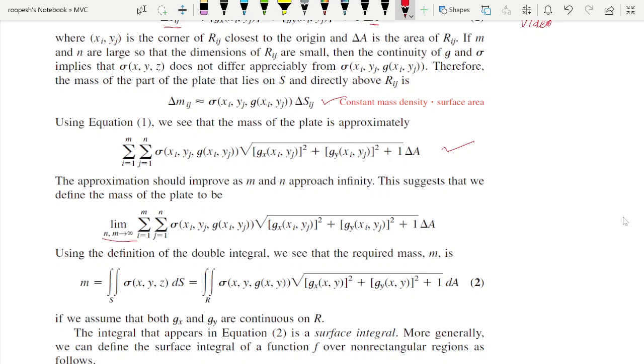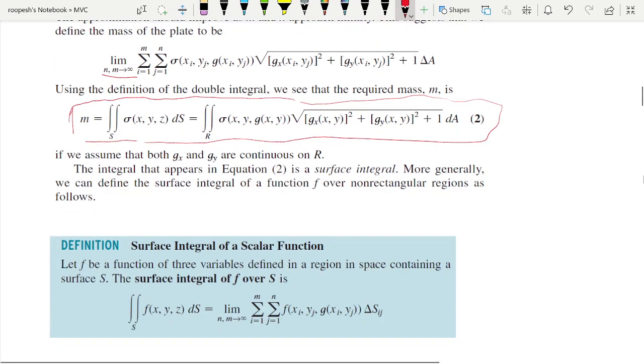We get this Riemann sum, and when n and m go to infinity, we get this integral. So the formula for finding the mass of a non-rectangular region is this one.